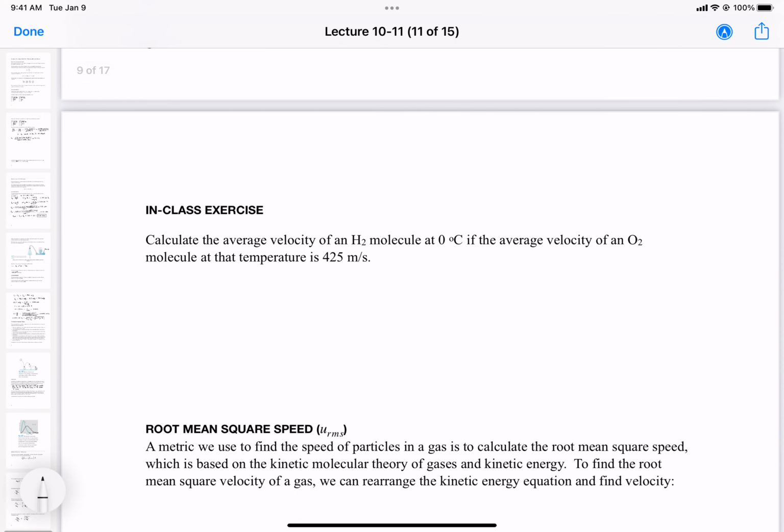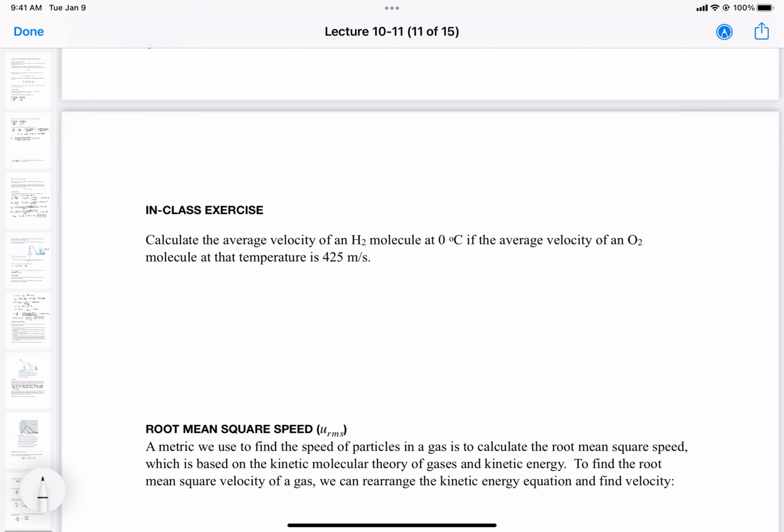All right, so using this relationship, we can calculate the velocity of, well, not the exact velocity, because it's a little bit too hard to do that. So in this case, we're going to calculate the average velocity of the H2 molecule at 0 degrees Celsius, if we know the average velocity of an O2 molecule at that temperature is 425. So we can use this equation to calculate the velocity of something we don't know using the velocity of something else.